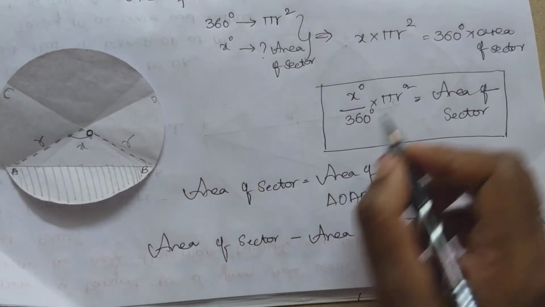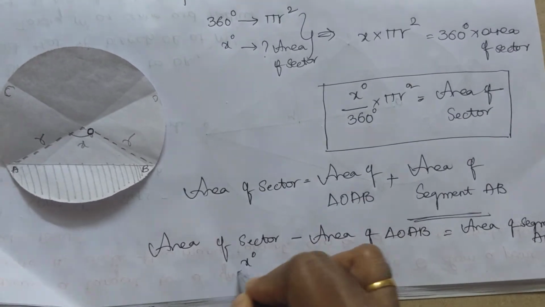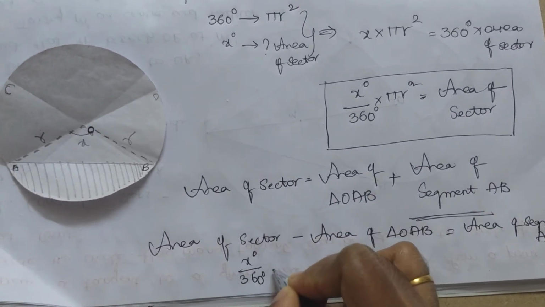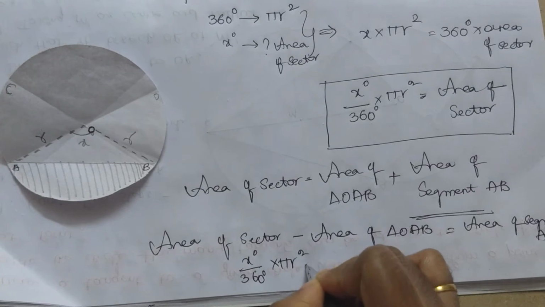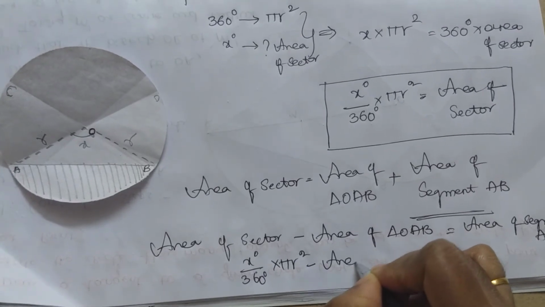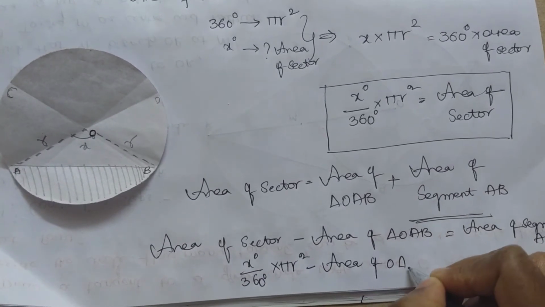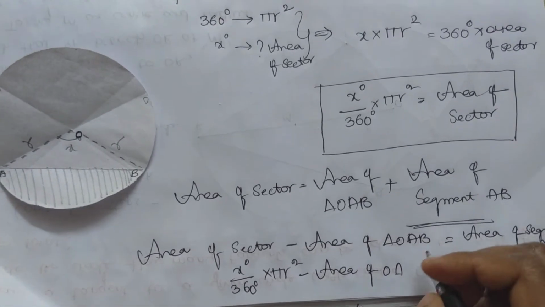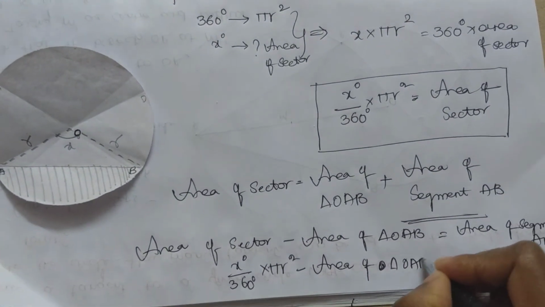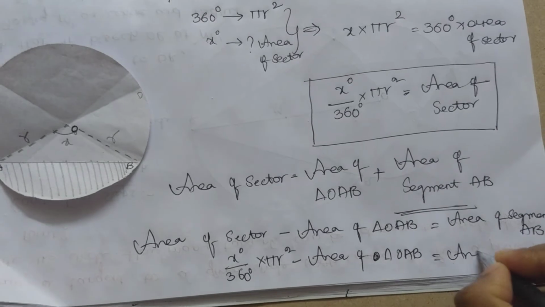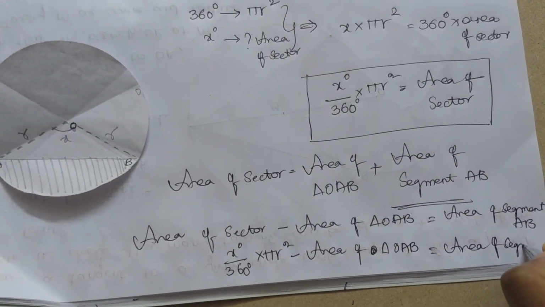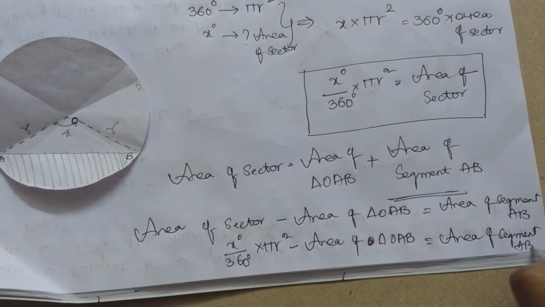So what is area of sector? We have derived it as x degrees by 360 degrees into pi r square minus area of triangle OAB. This we don't know. Area of triangle OAB, this we don't know. That equals area of segment AB.